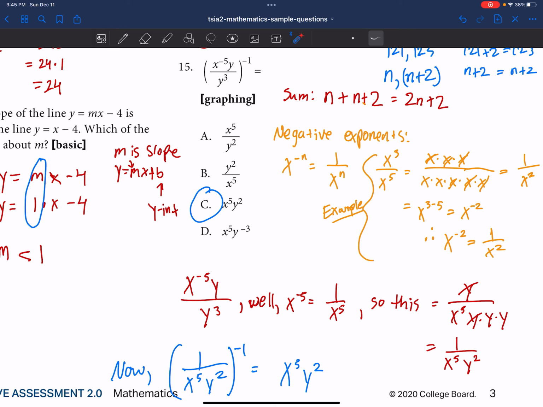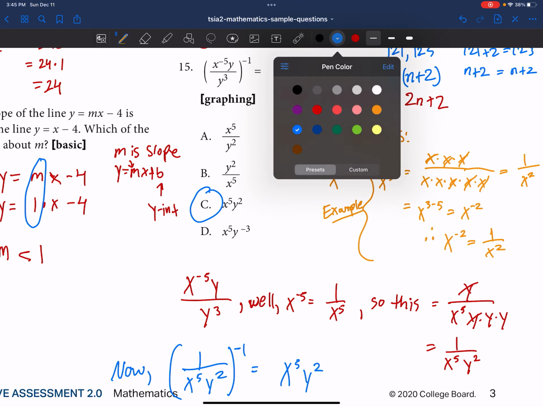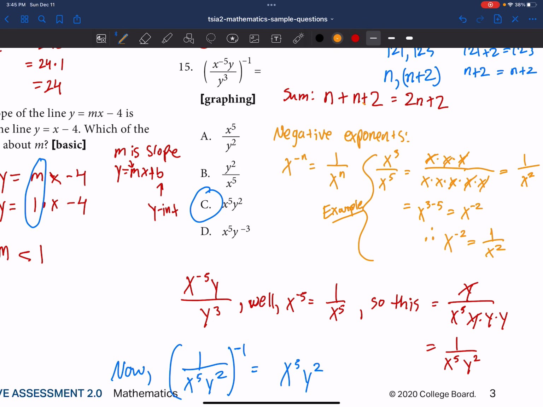But essentially, I guess you could also say if x to the negative n equals 1 over x to the n, I could say also 1 over x to the negative n equals x to the n. Okay, because that's the other kind of property.